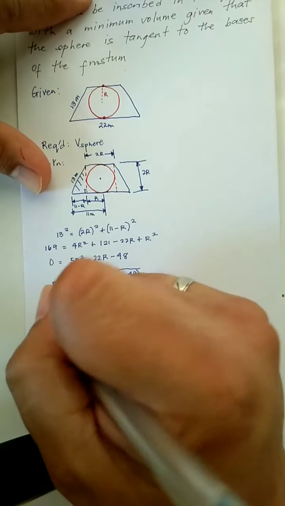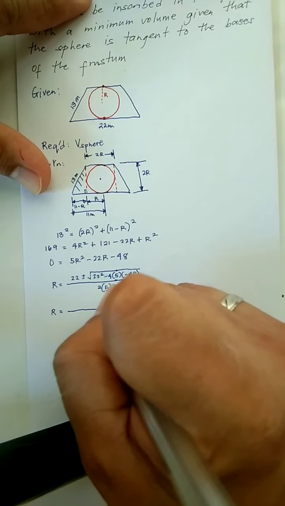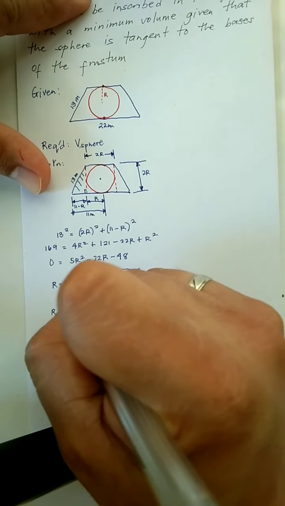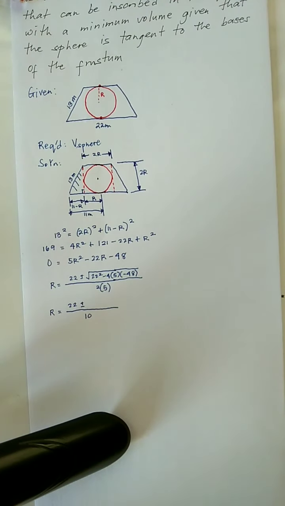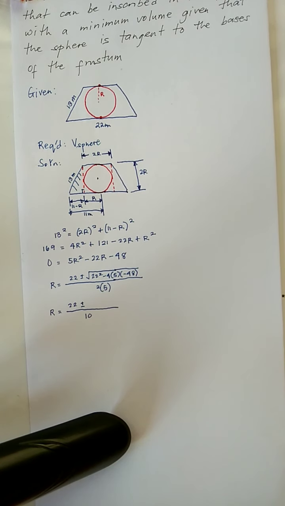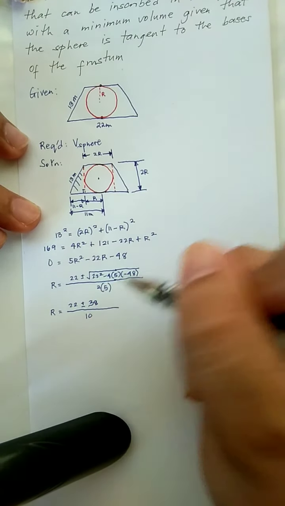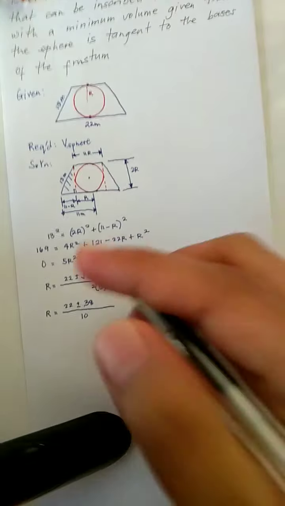Okay, so let's simplify. Down here it's 10, this is 22 plus or minus the square root of 22 squared minus 4 times 5 times negative 48. This should give you plus or minus 38 all over 10. So there are two possible answers.